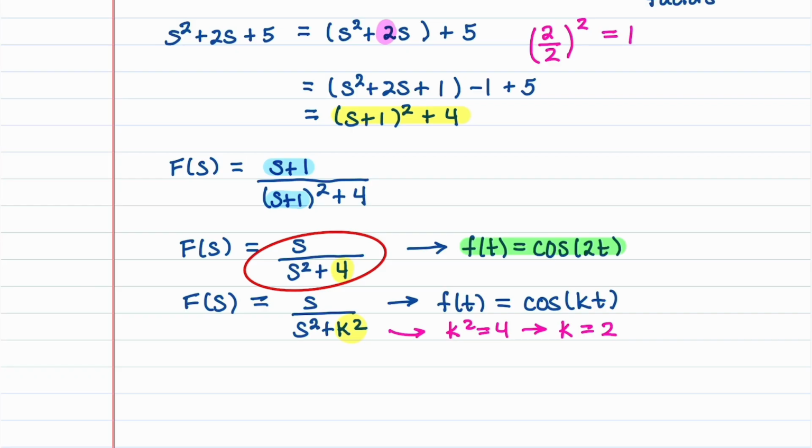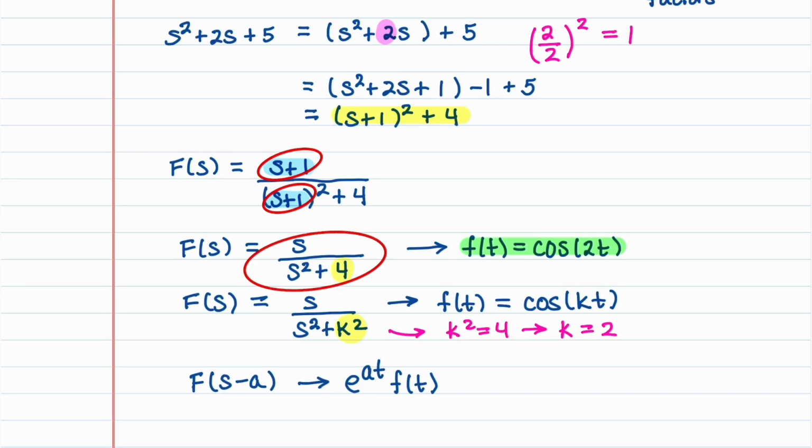We're almost there. Now what we have to do is take the shift into account. Let's write down the formula for the shift. We have the formula that f of s minus a corresponds to the inverse transform e to the at little f of t.